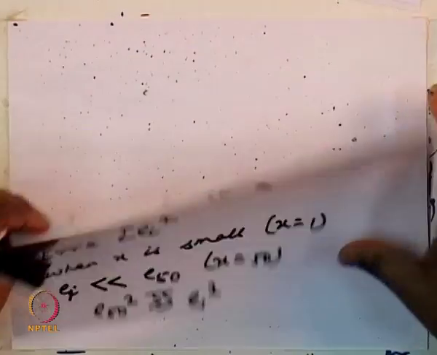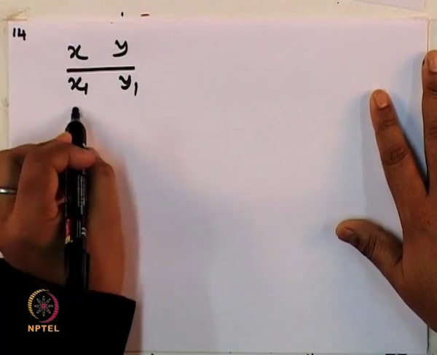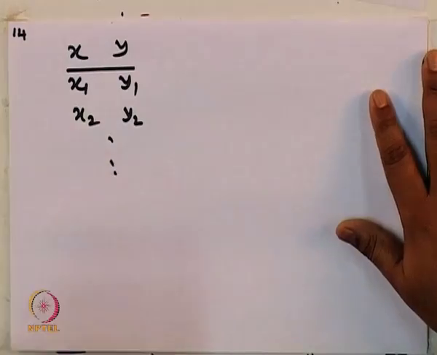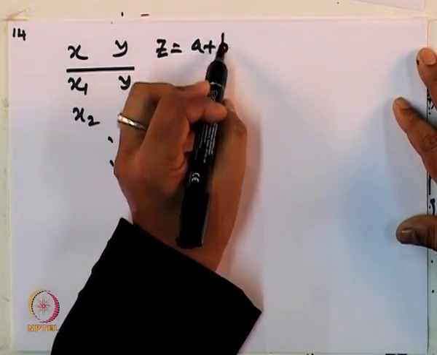One way to tackle this problem is, let us say you have x1, y1, x2, y2. You calculate, let us say, z equal to a plus b x.